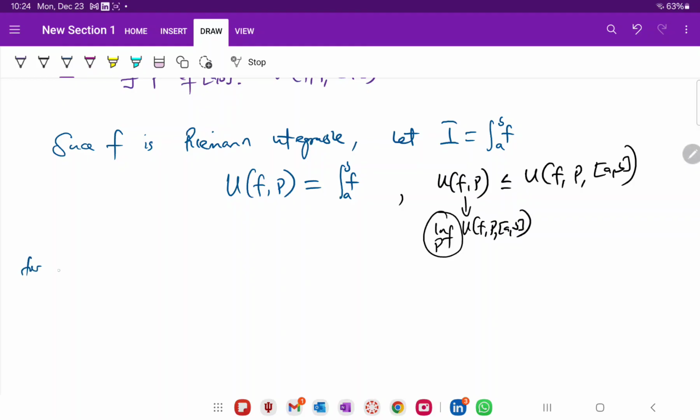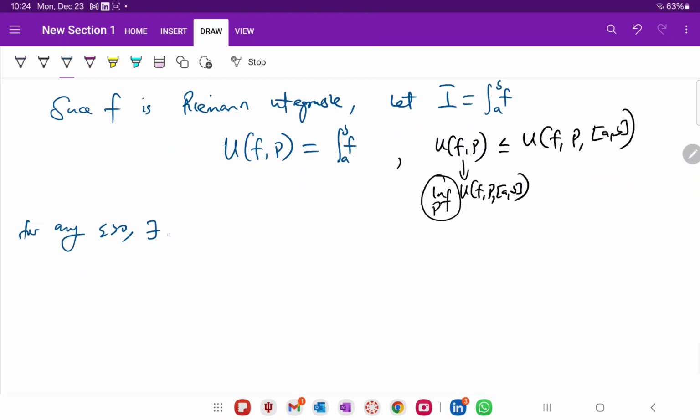So with that fact in our mind, we can say that for any epsilon greater than 0, there exists a partition P1 such that, since this is greater than this, the upper Riemann sum over that partition P1 is greater than or equal to this, because this is greater than this and this is equal to this.